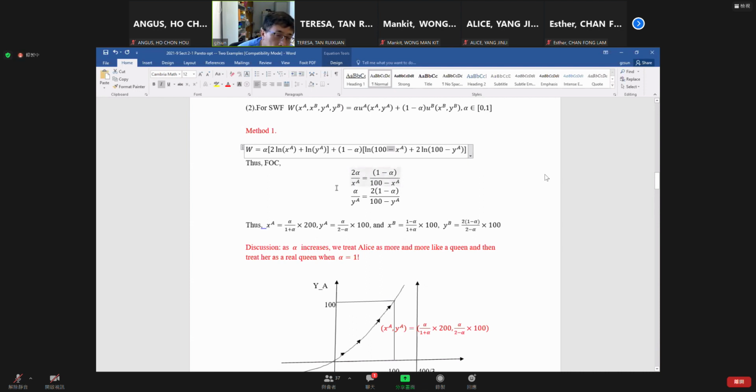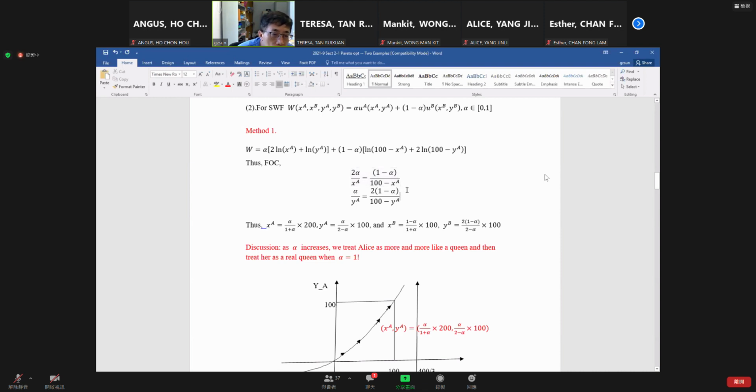But we directly put it as this number equals this number. And for YA, here for Alice is alpha over YA. Another one here for Bob is minus double y minus alpha over 100 minus y. So we get two equations.